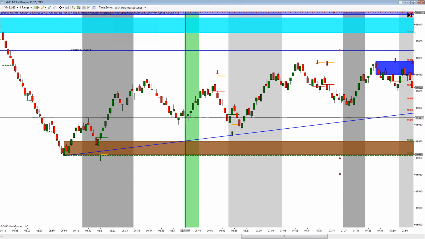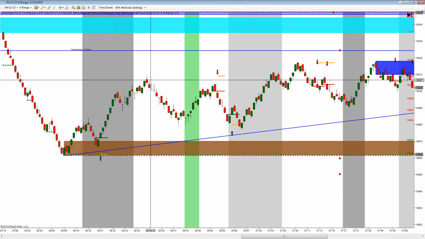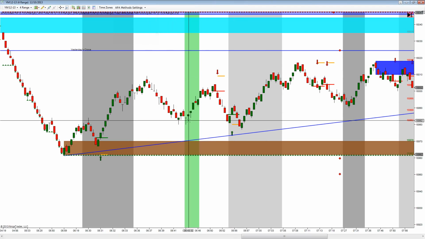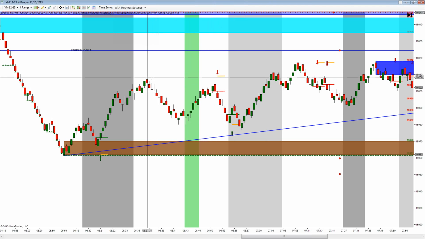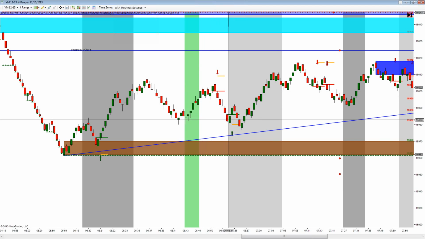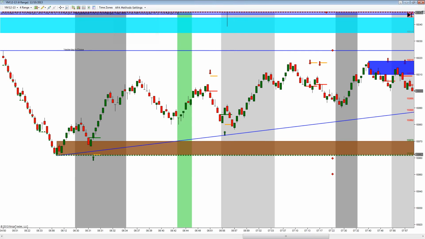Obviously, it was a retracement type of deal with the new high standing up there, so we got that up there. And then a failure to break the previous high, and we have a down signal. Okay, so you can kind of see how that looks. Again, this is a double bar engulf because we're playing off of a range chart. You can kind of see the retracement as it comes back down into here.